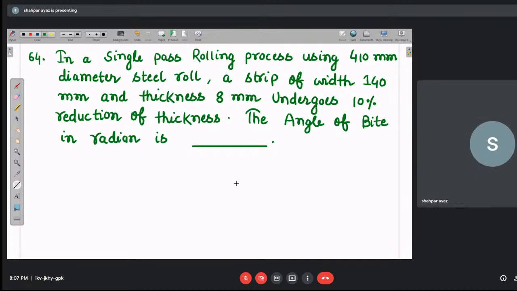Anyone tell me the answer? 32, wrong answer. 3.58, that is right. Good.